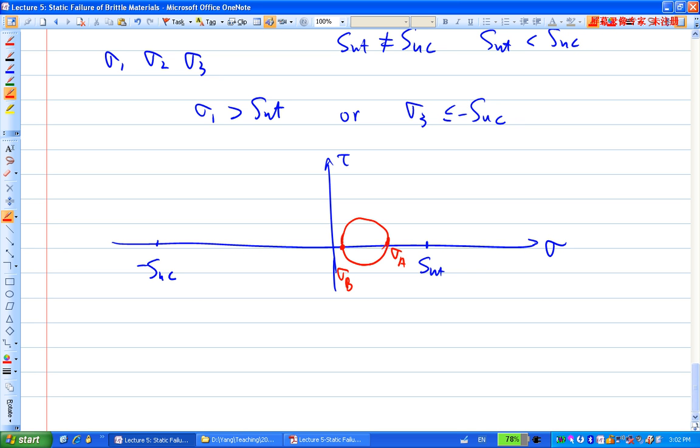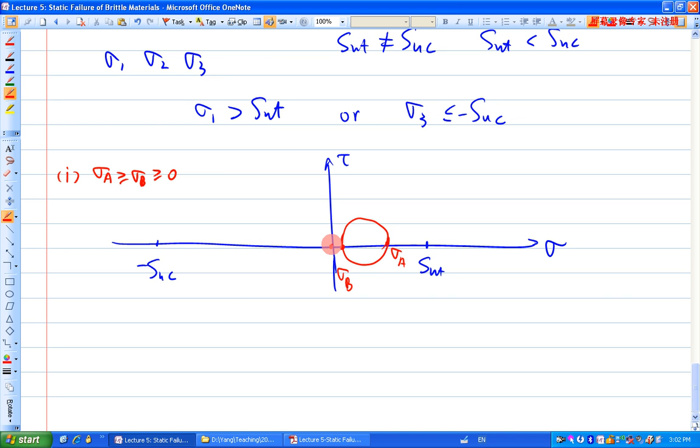Let's see case number 1. This is the case when sigma A is greater than sigma B, which is greater than 0. According to the MSS theory, when you have this case, what is sigma 3?